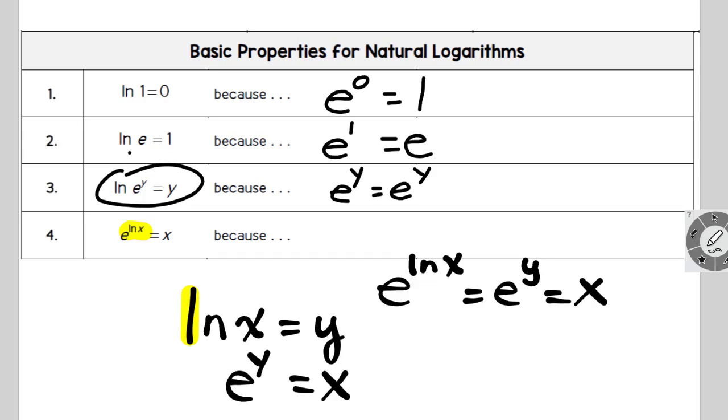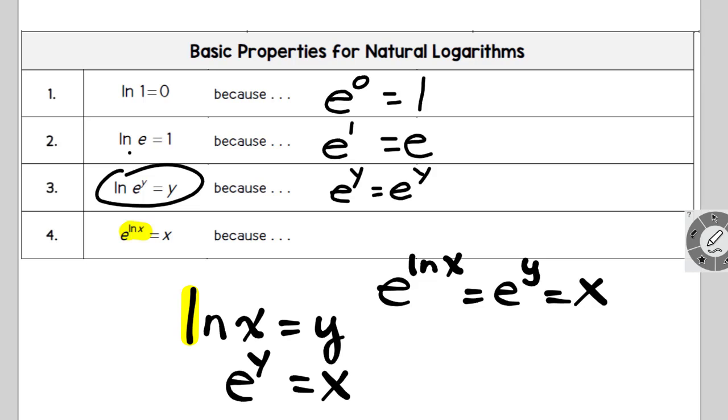Call it whatever you want. But then what I do is I take e and I raise it to that thing. And we just said when I do that, it should give us what? x. Okay. Makes sense? Doesn't make sense? Yes? No?